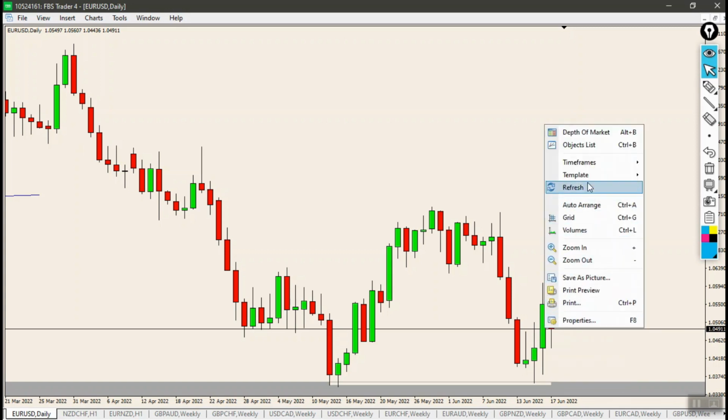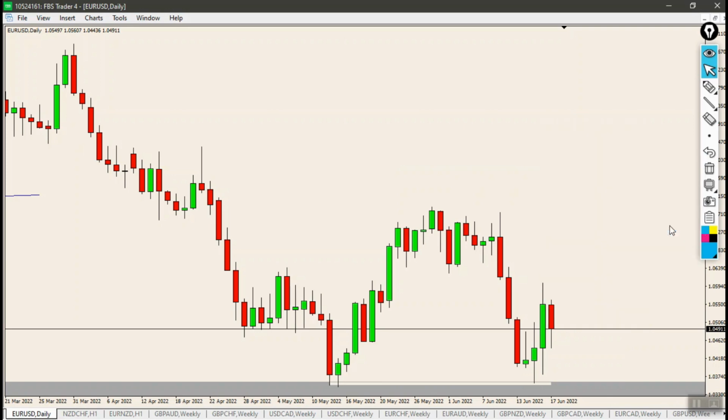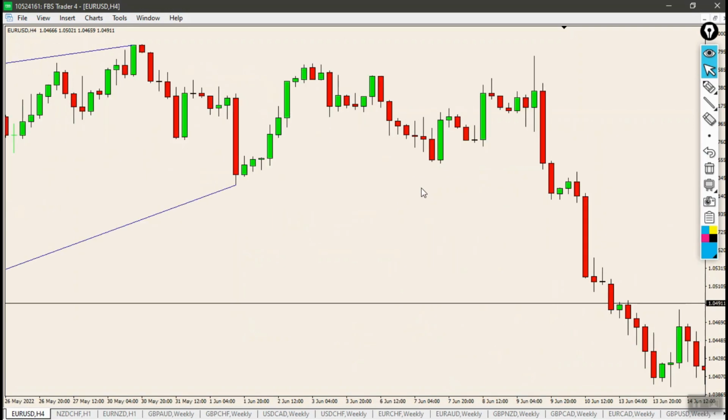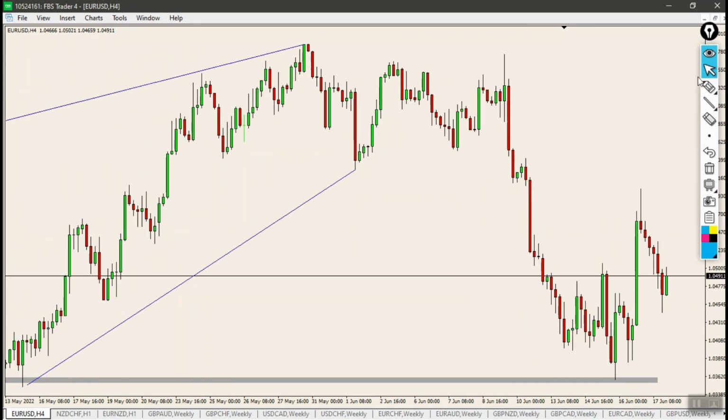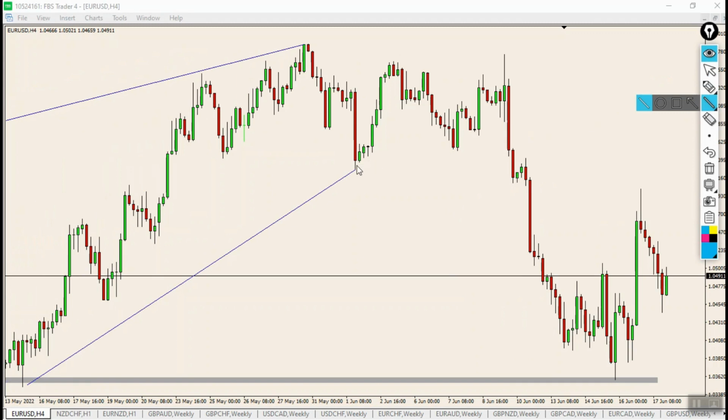Sometimes they don't, right? Let's go on the 4 hour for me to show you something. Sometimes they don't, and I'll prove it in this setup again. This setup here that we identified, we did identify this continuation pattern over here, first touch, second touch, third touch, and then we have this bearish move to the low.